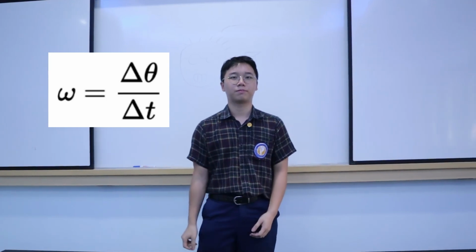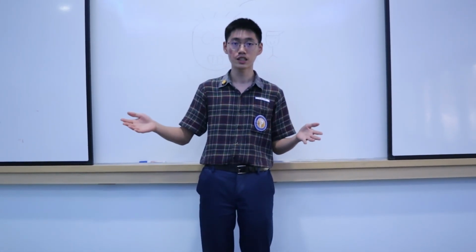Angular velocity is the speed of rotation and is measured in radians per second. The formula for angular velocity is angular displacement divided by the amount of time it takes. The linear velocity measures how fast an object travels through a linear distance along a circular path. The formula is given by the radius multiplied by the angular velocity.